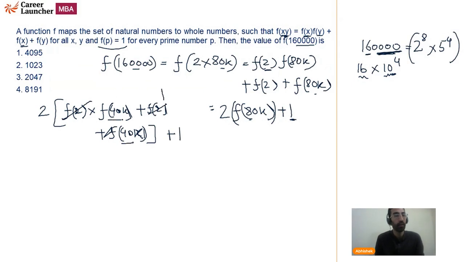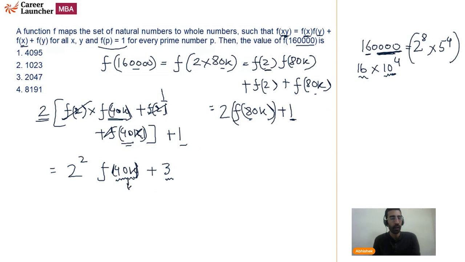This is f of 40k plus f of 40k. That's twice f of 40k. 2 into twice f of 40k makes it 2 square f of 40k plus 2 into 1 is 2 plus 1, 3. Right? Having removed two prime numbers and reduced our 160k to 40k, we have a 2 square, and this is a 2 square minus 1.